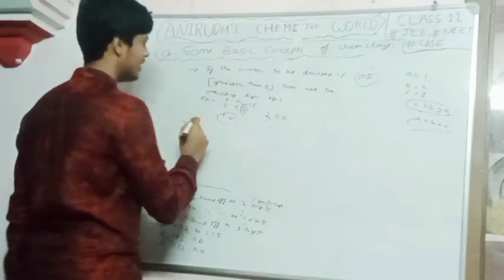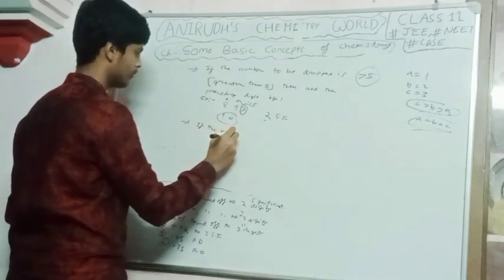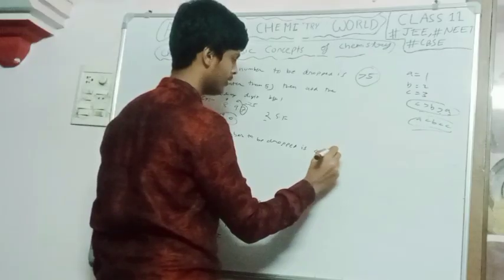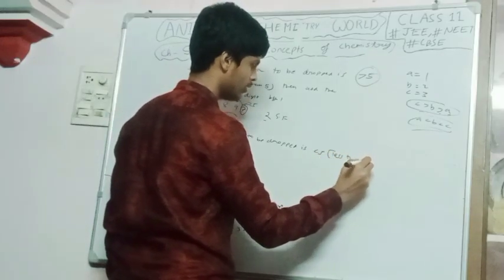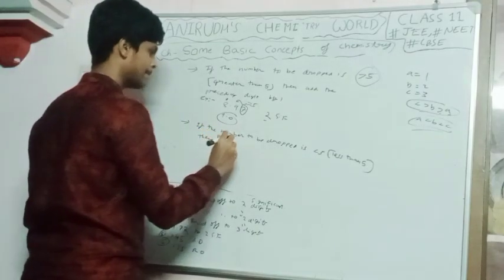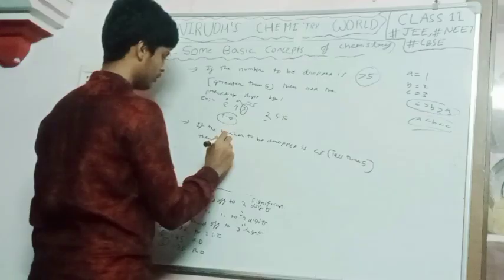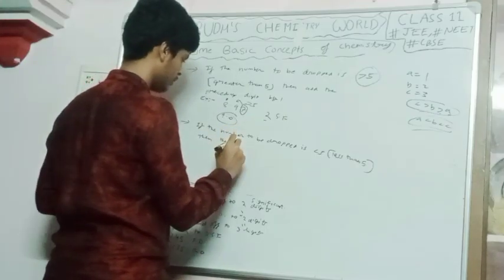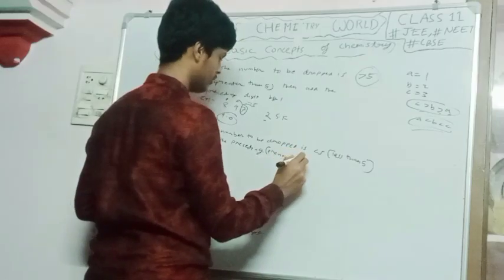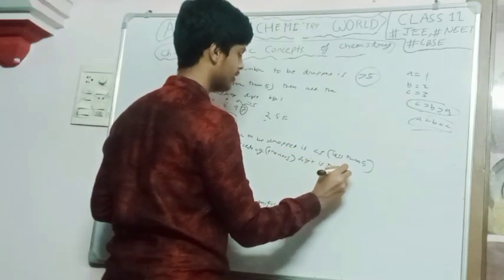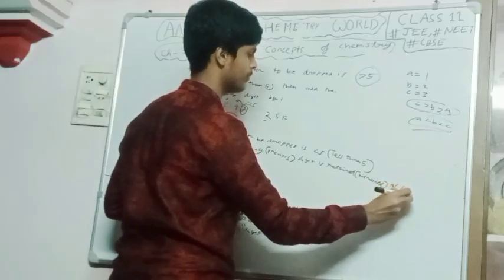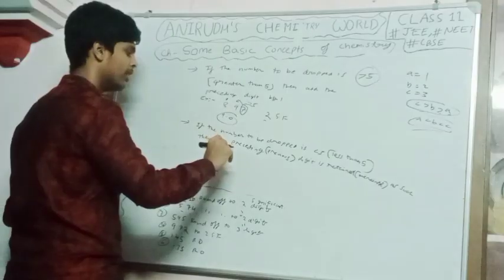Now, if the number to be dropped is less than 5, then the preceding digit, that is the previous digit, is retained as such.